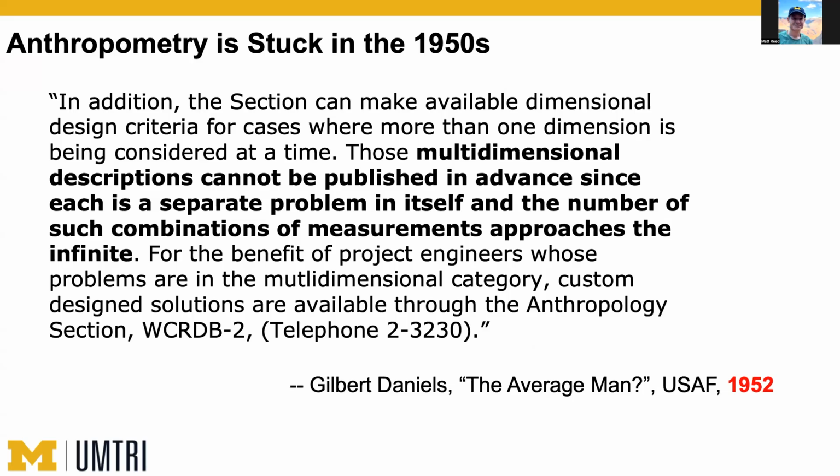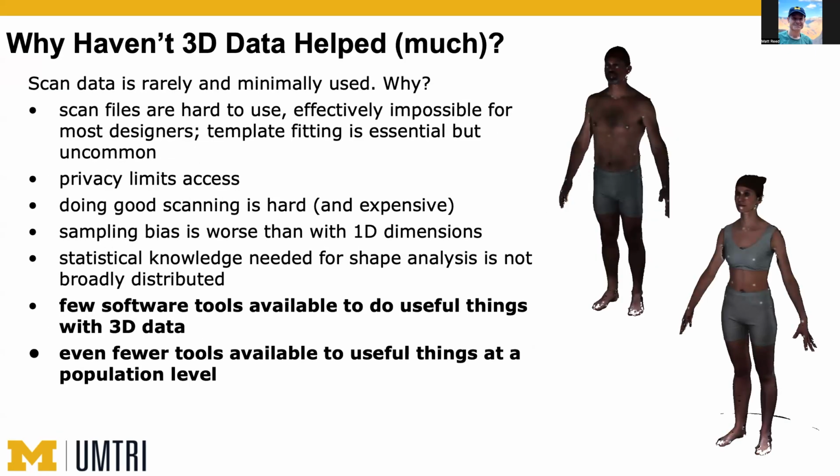You need to know which dimensions are relevant to your design, and then you need to go to the real data, not some tabulated information in the back of a book. And yet, in spite of this work being done many, many years ago, the application of anthropometry in the 21st century is still very much stuck in the 1950s.